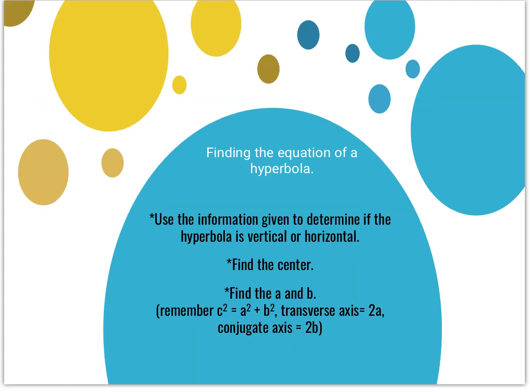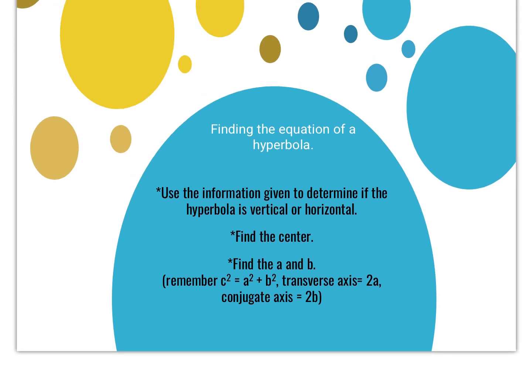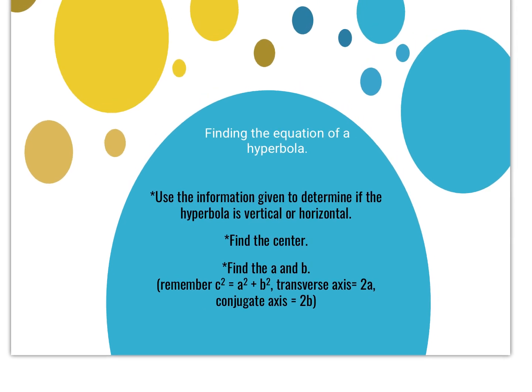So in this 11th slide, we're going to find the equation of a hyperbola. We're going to use the information given to determine if the hyperbola is vertical or horizontal. We're going to find the center, and find the A and the B value. We're going to use the formula C squared equals A squared plus B squared to find the missing A, B, or C value that we need.